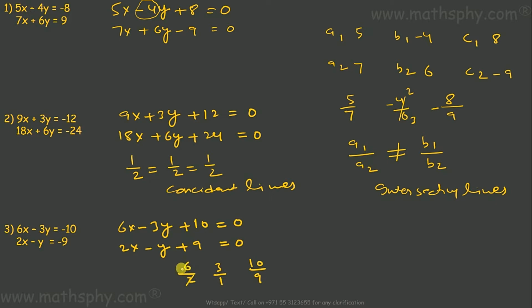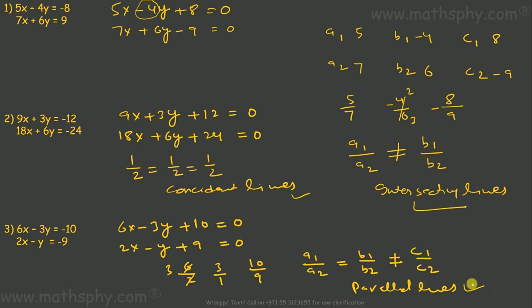So a1 over a2 is equal to b1 over b2 but not equal to c1 over c2. This gives me parallel lines. So the first one is intersecting at one point, the second one is coincident, and the third one is parallel lines.